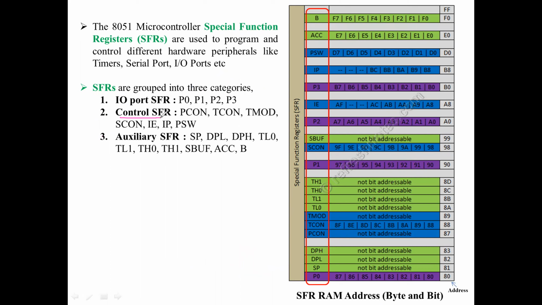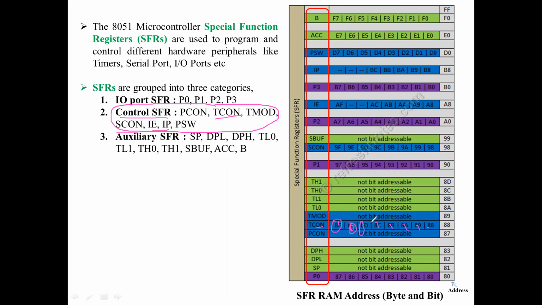Next we have control registers for timer operation, for serial communication, and for interrupts. These are all important registers where you have to set particular bits, either 1 or 0, so that serial communication or timer operation will happen. Each bit has some specific name.